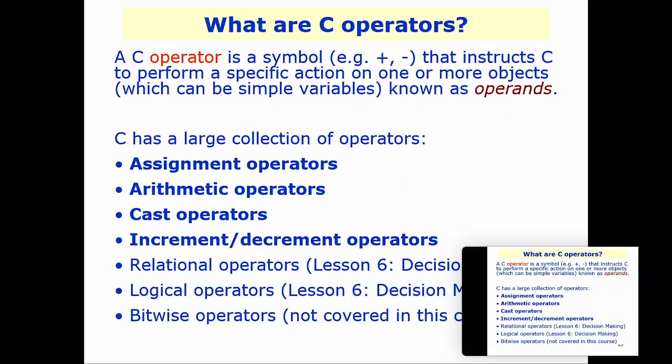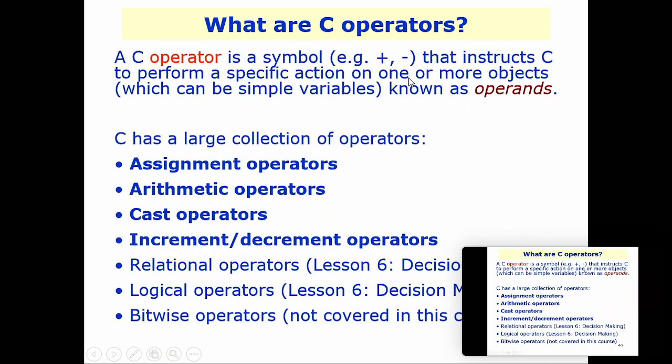So, actually, a very good example of the operator is plus sign and negative sign. These are very common arithmetic operators. So C program uses those symbols for the operations. Then these C operators are symbols that instruct C to perform some specific action on one or more objects.